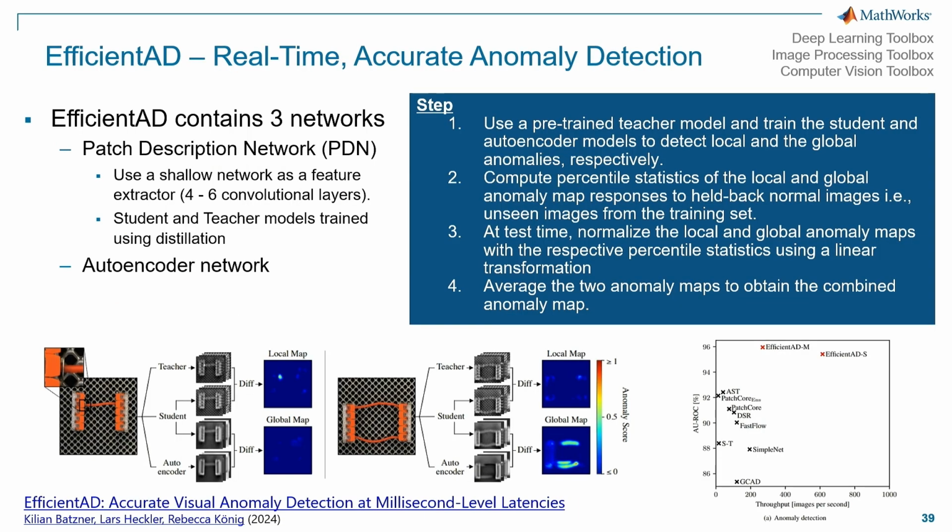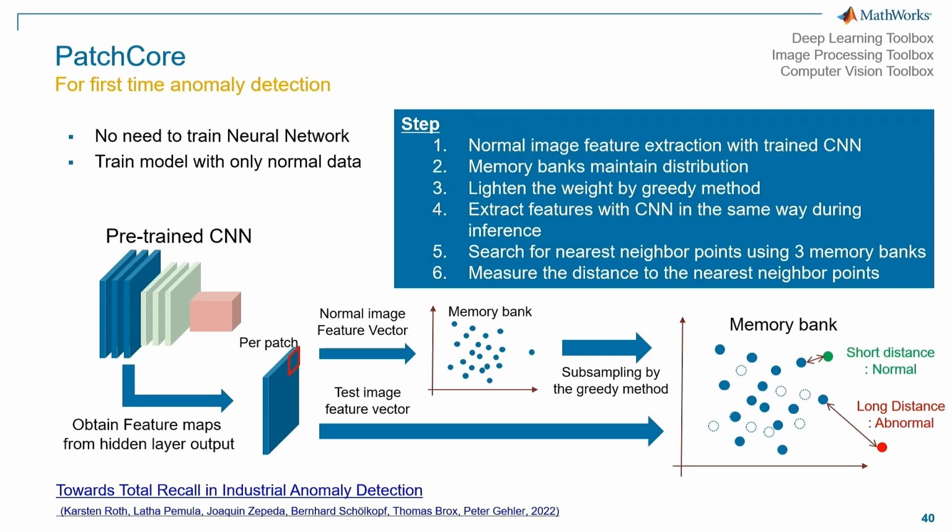I won't go into too much detail about this efficient AD. Basically, that's a model we already included in MATLAB. That's a pre-trained model to do the anomaly detection. You can start from this. The easiest way is this PatchCore model. The advantage of PatchCore is it uses the pre-trained network and doesn't need to retrain.